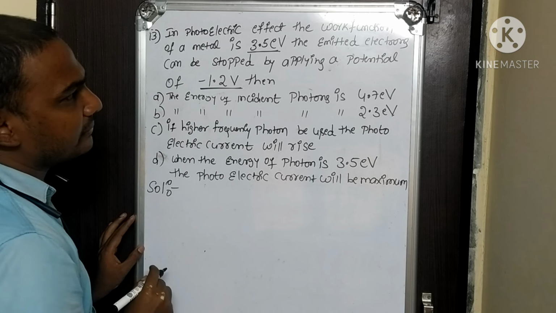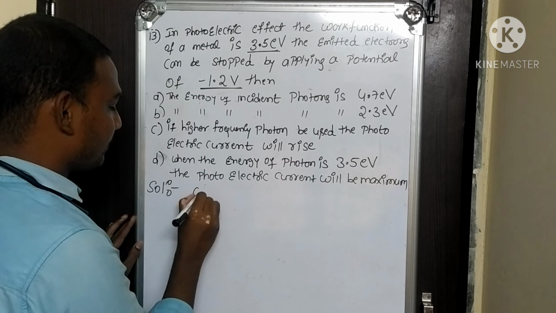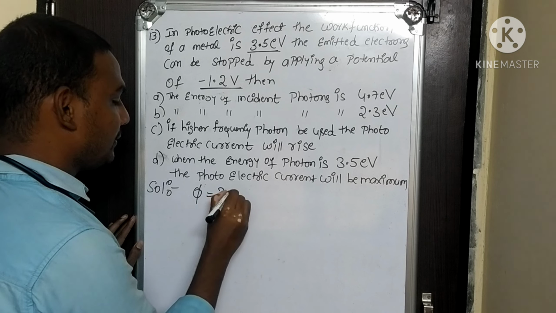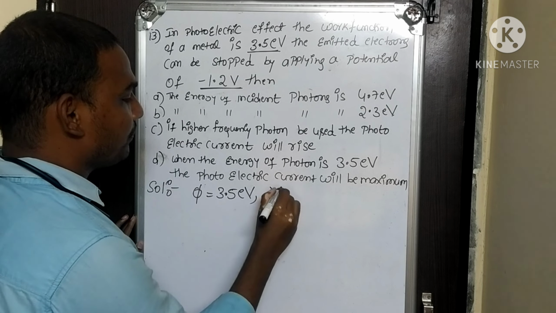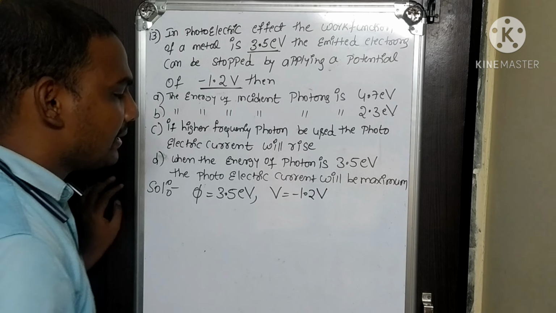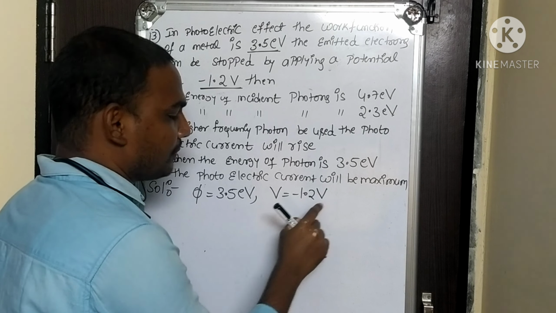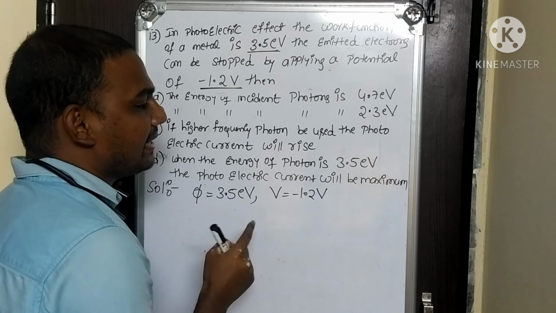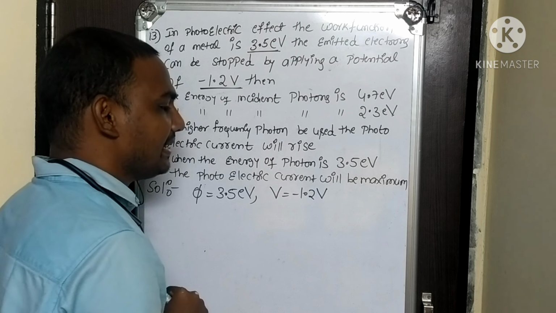From the given problem, the data is: work function phi is equal to 3.5 electron volt and stopping potential V is equal to minus 1.2 volt. Here stopping potential is in volts. When we are adding energy equations, the stopping potential should be converted into energy form.